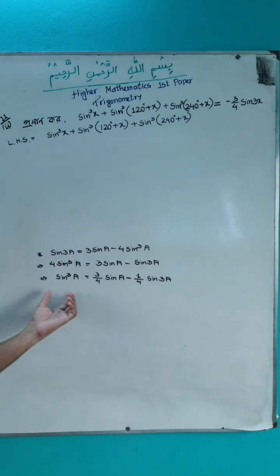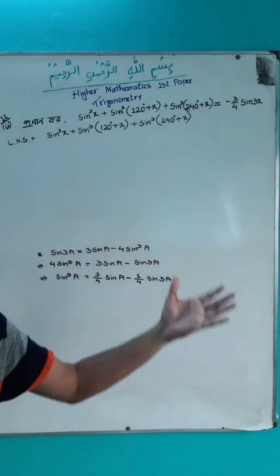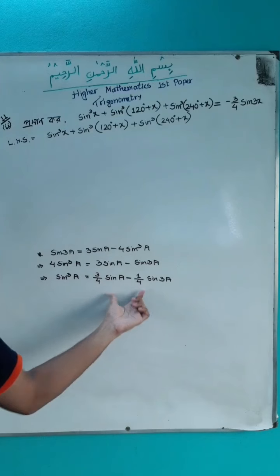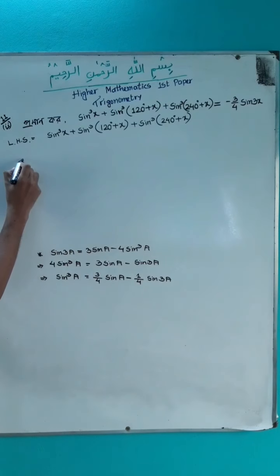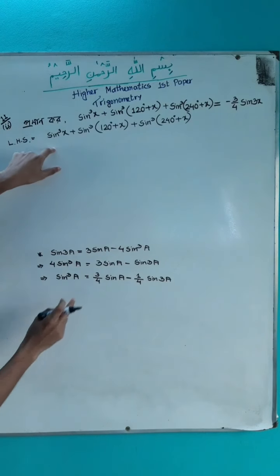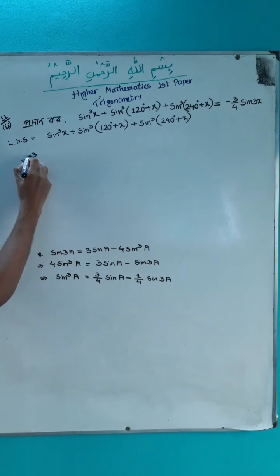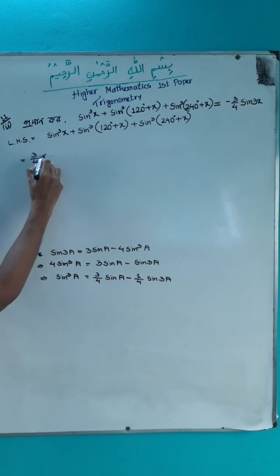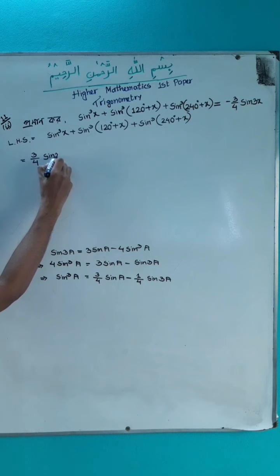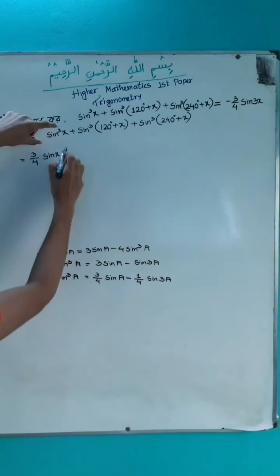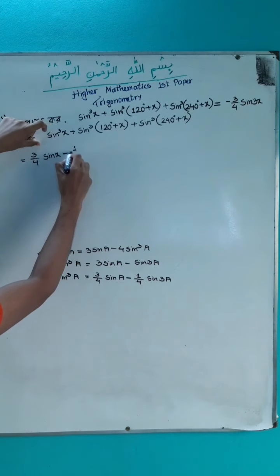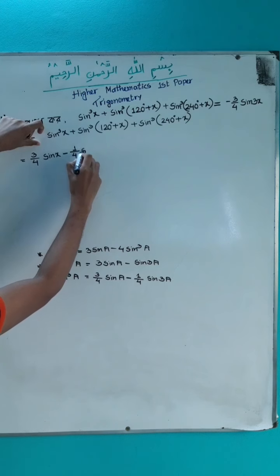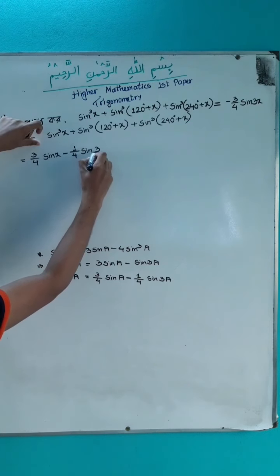So in place of sin cube x, we can write sin cube x equal 3 by 4 sin x minus 1 by 4 sin 3x.